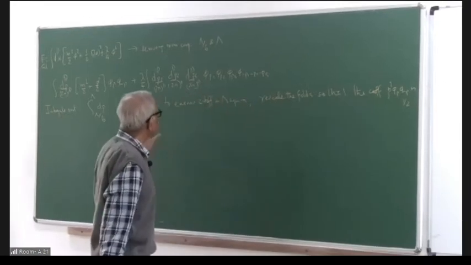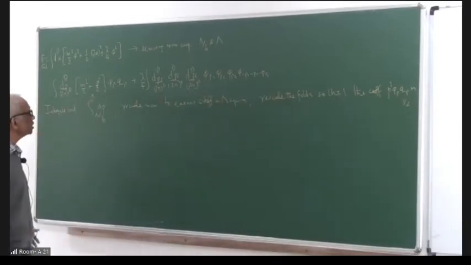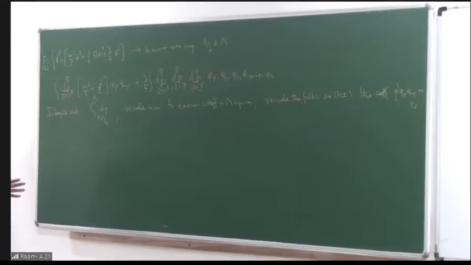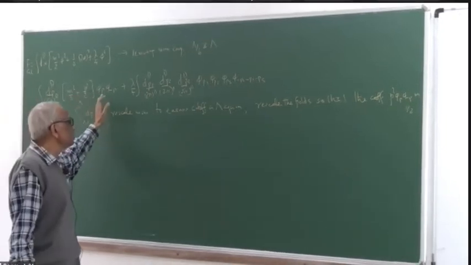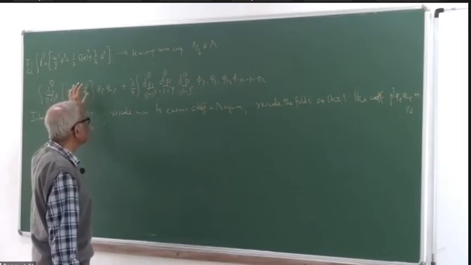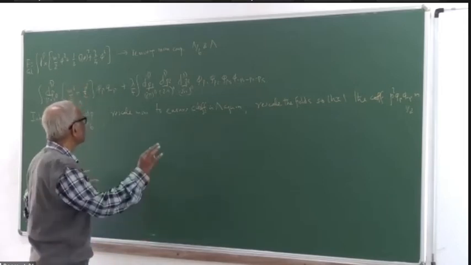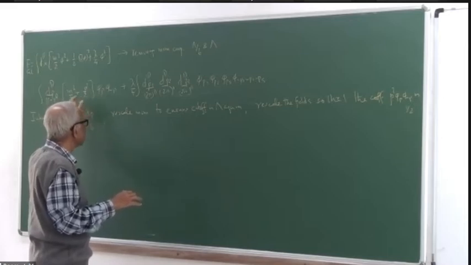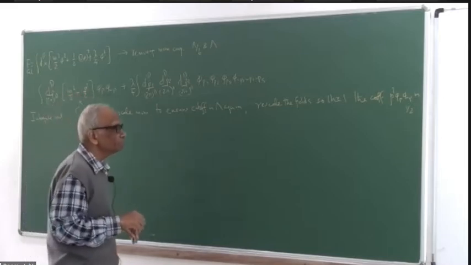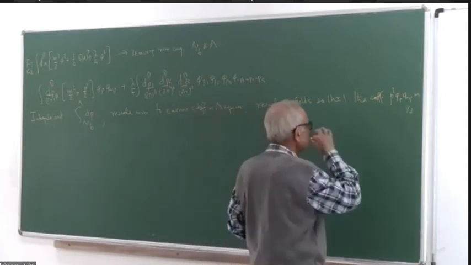We always want it to be half, so we do a rescaling which keeps it at half. That is essentially saying that this p² is not going to change, so you rescale the fields in such a manner that the coefficient of p² is unchanged.